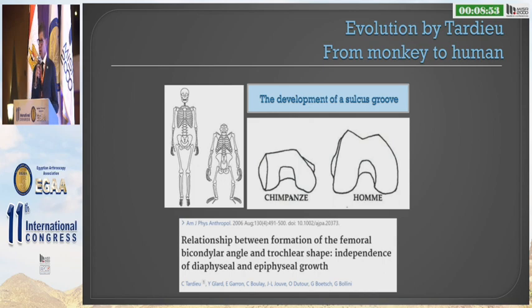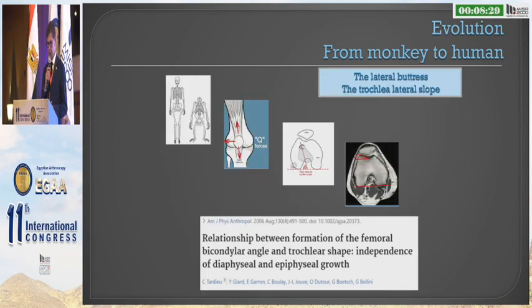And we have to thank the anthropologist Tardieu from France. She told us why humans have a trochlear sulcus when apes do not have one. So you see the picture of the chimpanzee. The ape has no trochlea, but what is actually ongoing here is that humans have raised up.